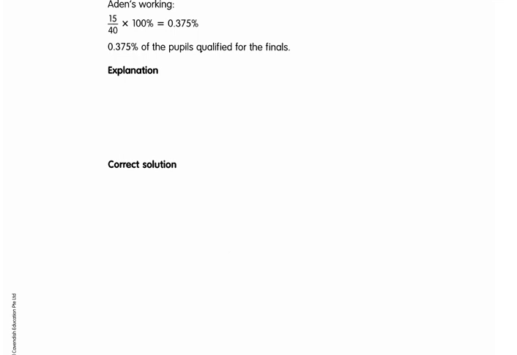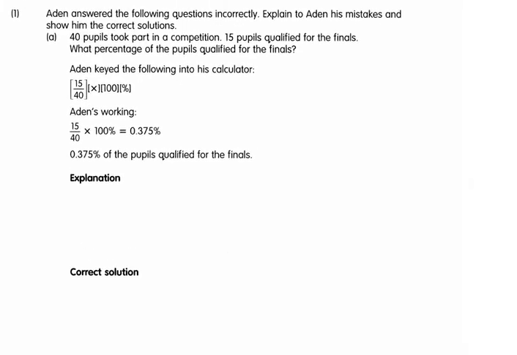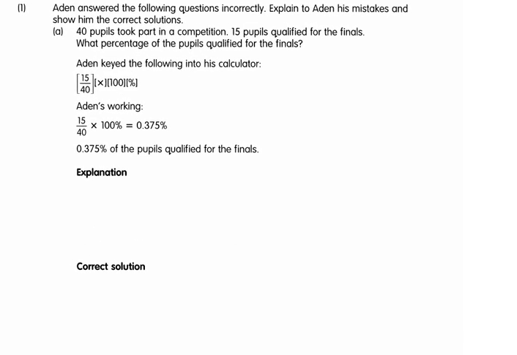Okay, let's look at this. Aiden answered the following questions incorrectly. That means he actually answered it wrongly. Explain to Aiden his mistakes and show him the correct solutions. So based on this question, 40 pupils took part in the competition. 15 pupils qualified for the finals.